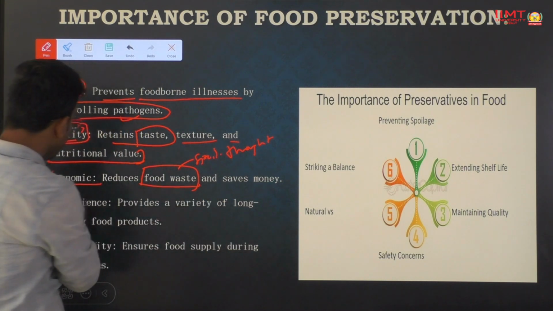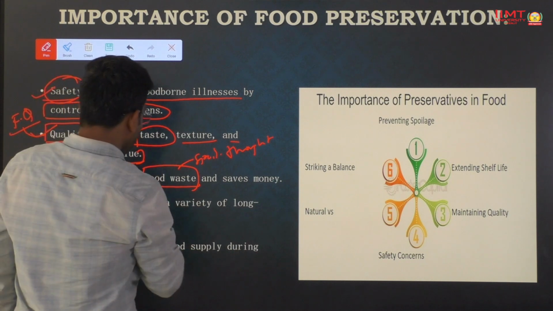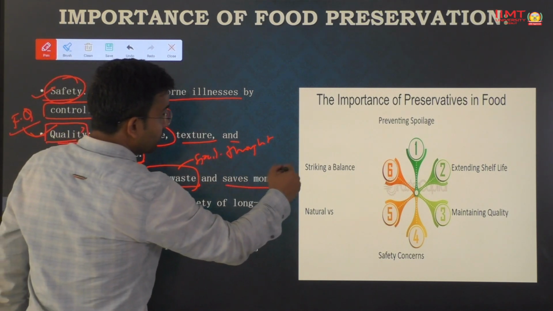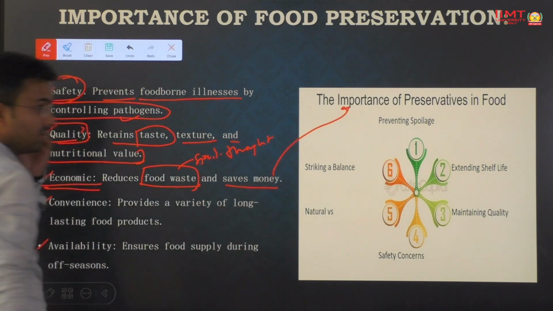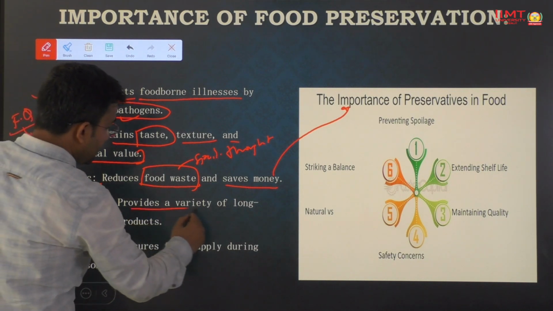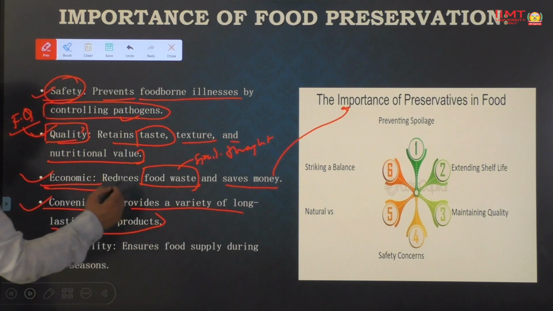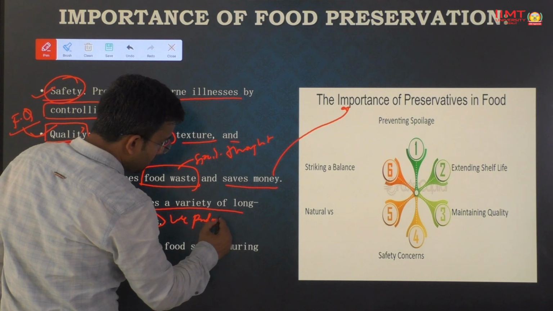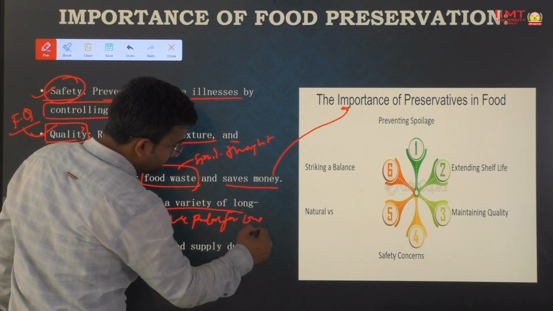So this economical parameter will reduce food waste and save money. And now convenience. It provides a variety of long-lasting food products. We can store food products for a long time.